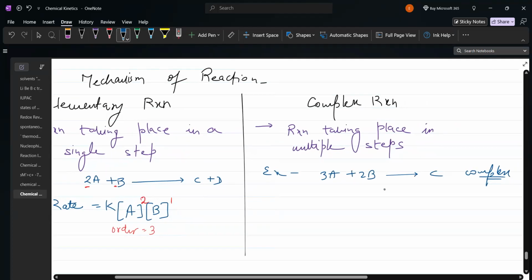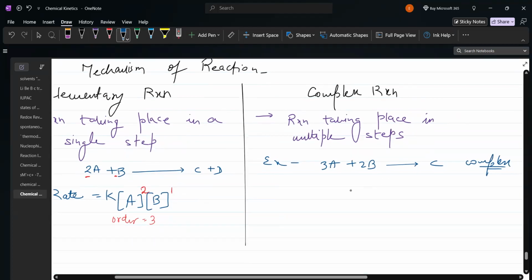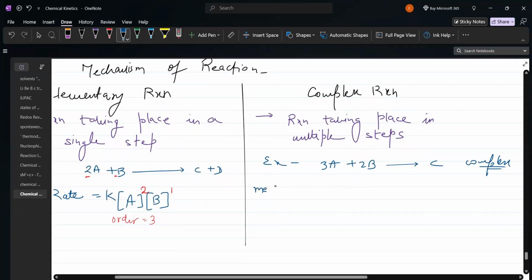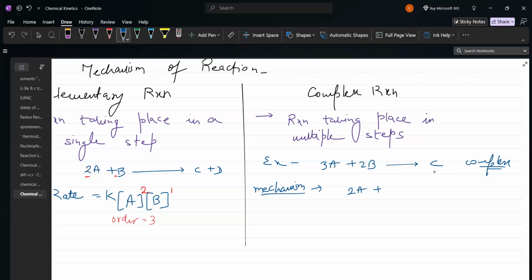Let's see this complex reaction. Most of the reactions are complex only. So its mechanism: when 3A is reacting with 2B, C is forming. But this is not actually happening.